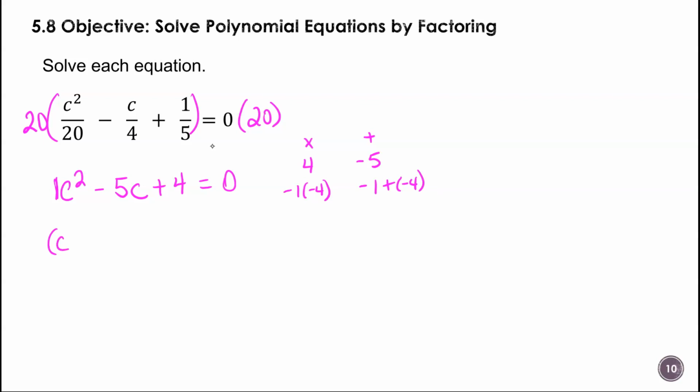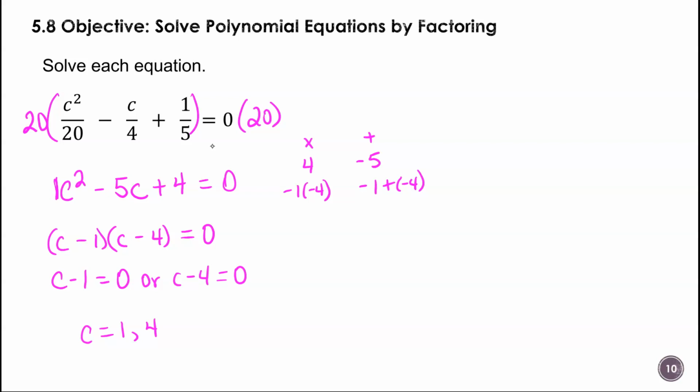So it's going to be c minus 1 times c minus 4. I made that a little too curvy. And then set both of these equal to 0. So c minus 1 equals 0 or c minus 4 equals 0. And so my two solutions will be 1 and 4.